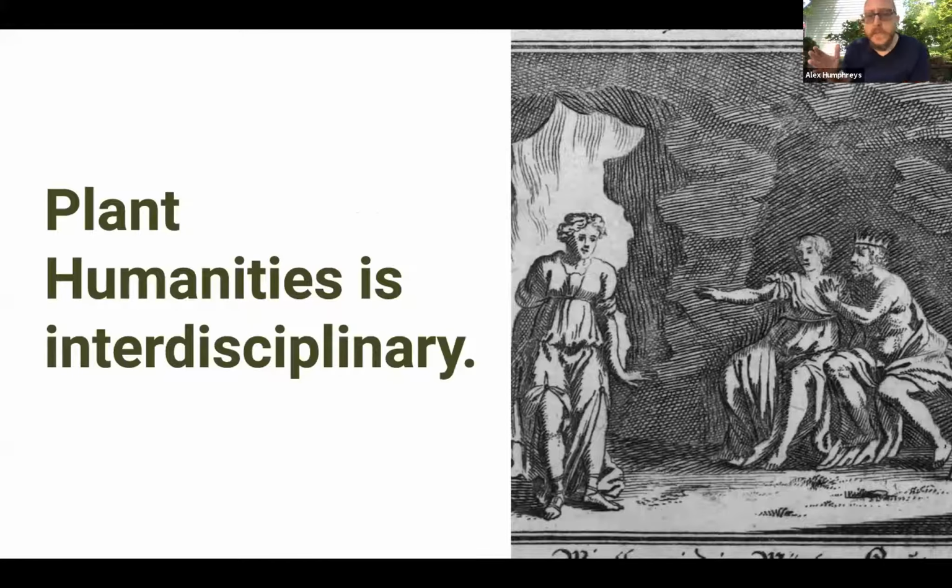And before we show you that and walk through what that means, I think it's helpful to step back just really quickly and look at what plant humanities is as a new field that's beginning to emerge and that we're hoping to expand interest in. When you look at how humans and plants have interacted, there are a number of disciplinary lenses that you can take to explore those stories.